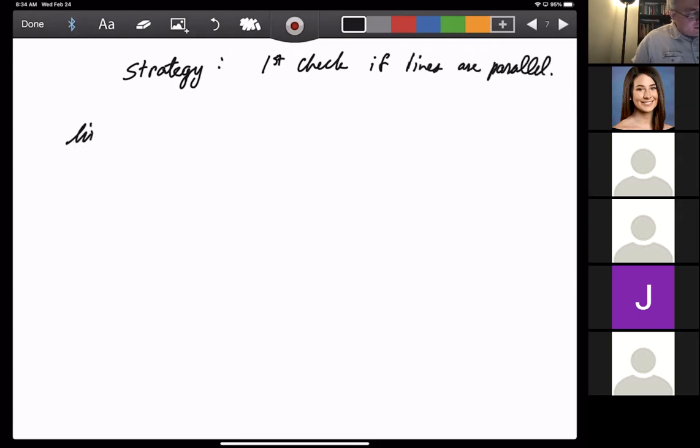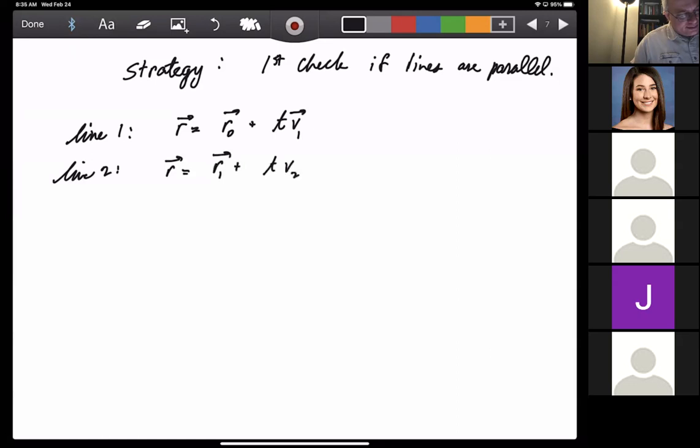So if you've got line 1 and line 2, the lines are parallel if the vector v1 is parallel to vector v2.